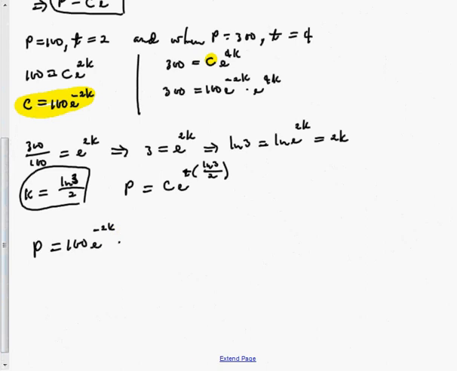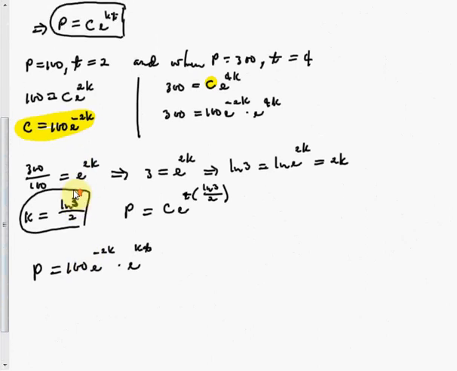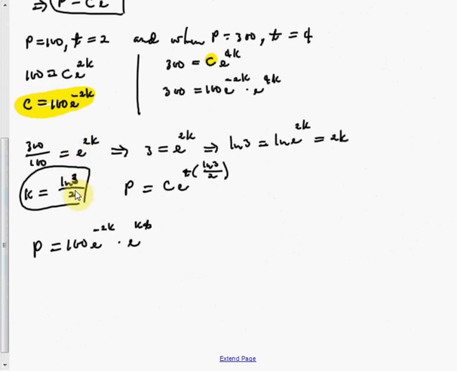Since I got a k there, this is e to the kt. So this is 100 times e to the, I have the same base, so this is k times t minus 2.